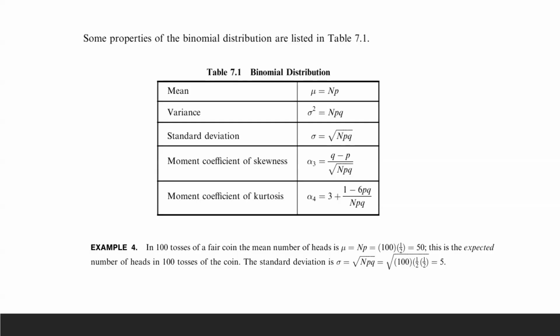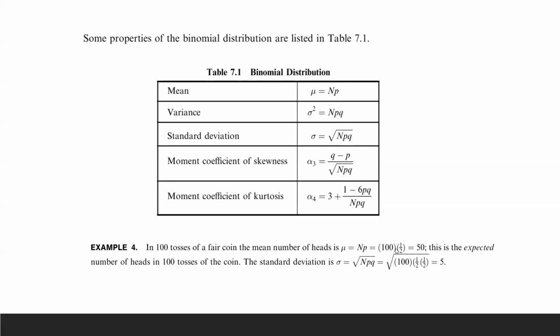Okay. Here I have added another example. Example 4. In 100 tosses of the fair coin, the mean number of heads, you can calculate the mean value by using NP. What's the N? N is the entire number of trials. The total number of trials is 100.